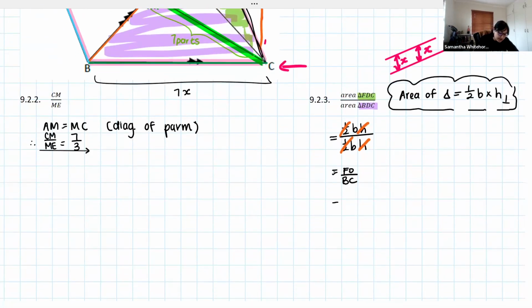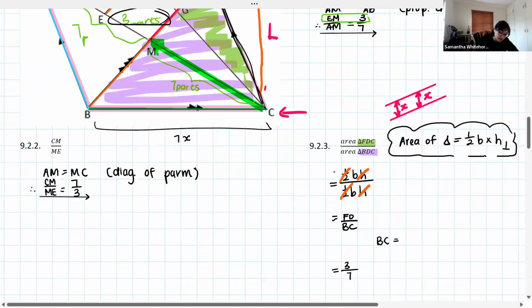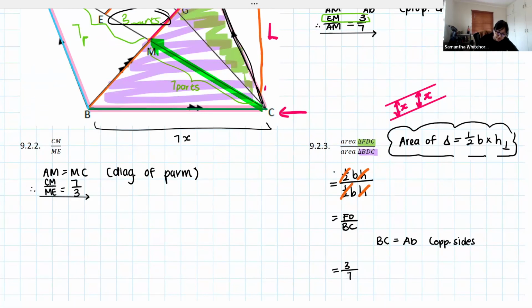So FD, as I said, was 3 parts. We're not even going to use the x, so it's parts. And BC is 7 parts. Now, what I want you to remember is that there's a reason for it. We can't just make the statement. We know that BC is equal to AD because opposite sides of a parallelogram are equal.